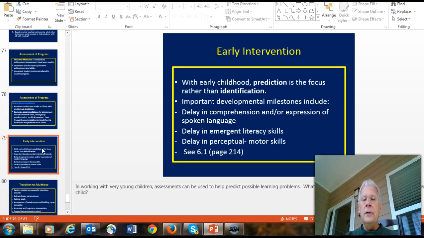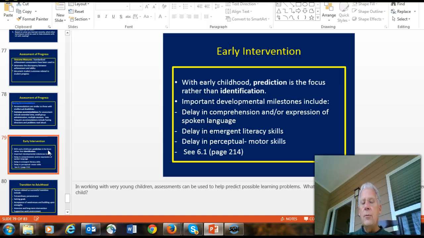So some developmental milestones that we would look for in really, really young students would be a delay in their comprehension or expression of their spoken language. There is a strong correlation between spoken language and ability to read.